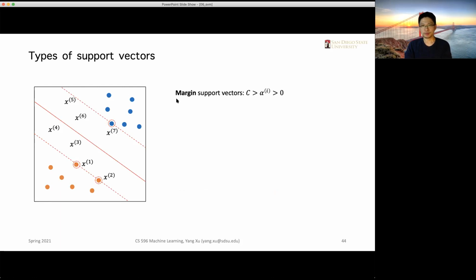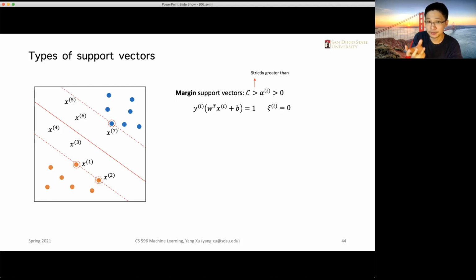Now we have margin support vectors, which are those with alpha greater than 0 and smaller than C, and they still satisfy this equation: y times the linear expression equals 1. Their psi are 0 because psi refers to the error.